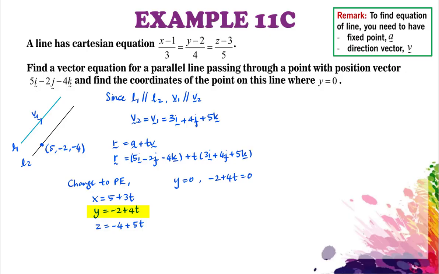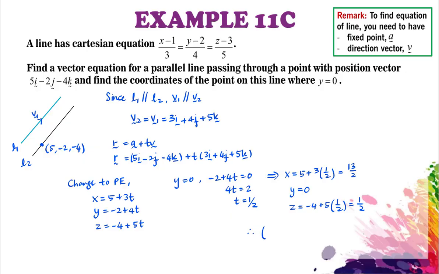Directly we get the value for t, which is equal to half. For the values of x and z, we substitute the value of t into the functions. So directly for x and z, we're going to have the coordinate 13/2, 0, and 1/2.